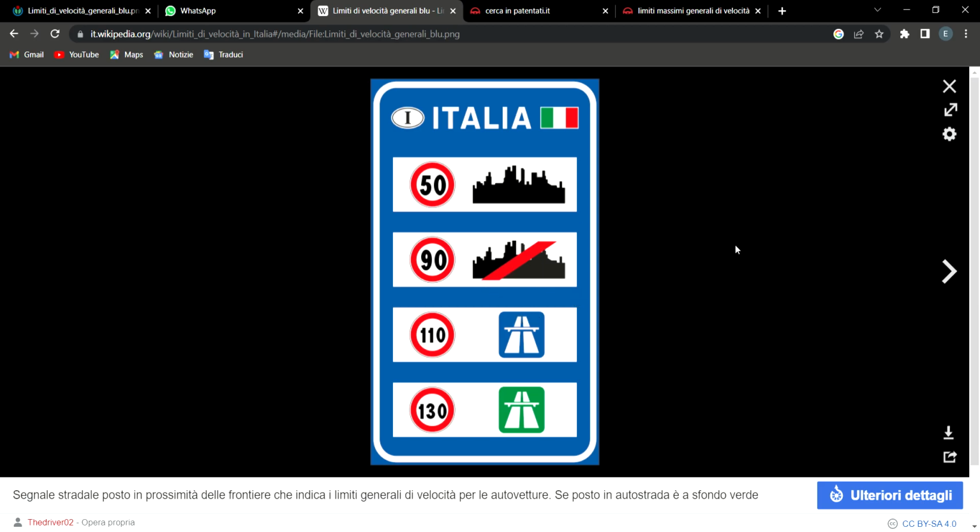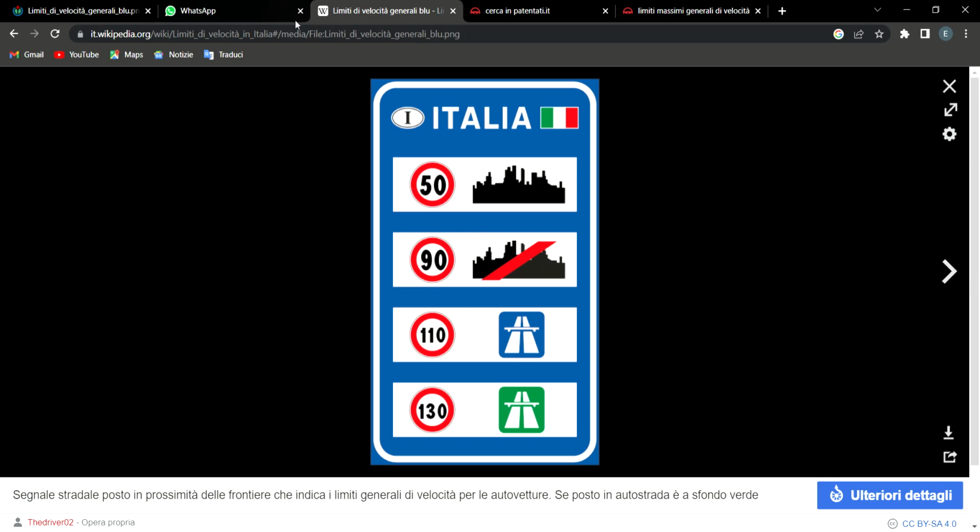So the maximum kilometer you are permitted to drive on a particular road. This very sign is always found at the border of Italian. The symbol or the sign is simply saying the maximum speed you are permitted to drive.